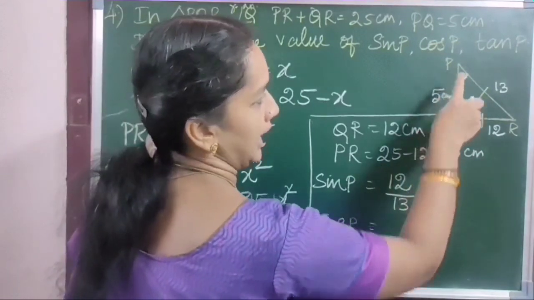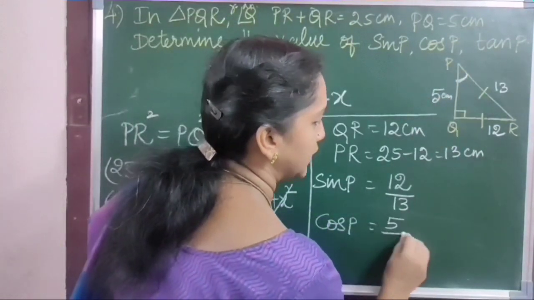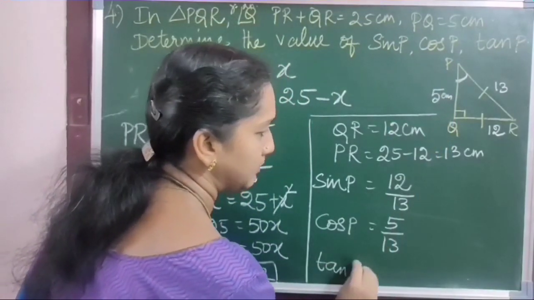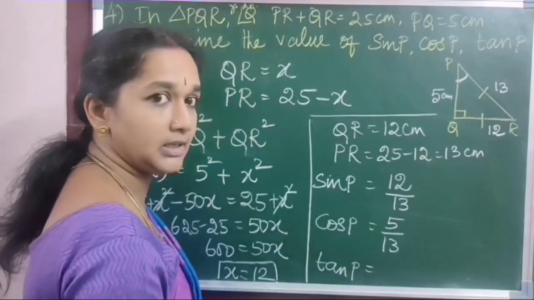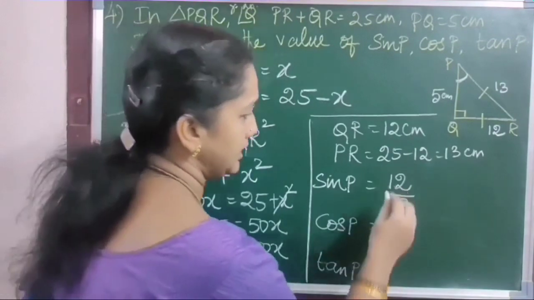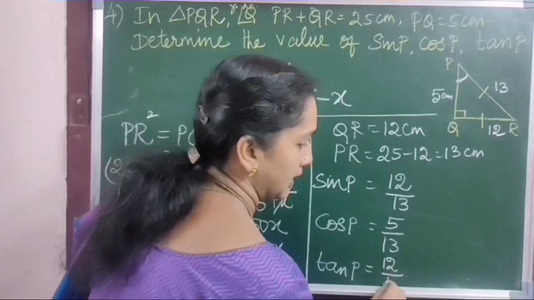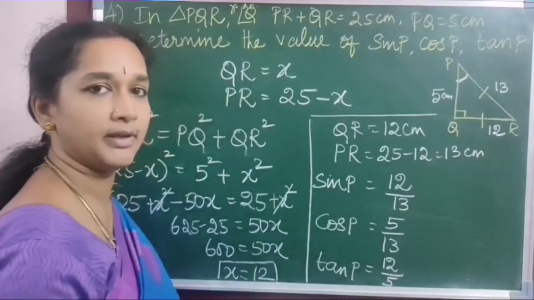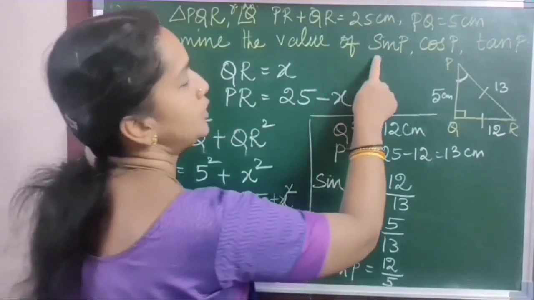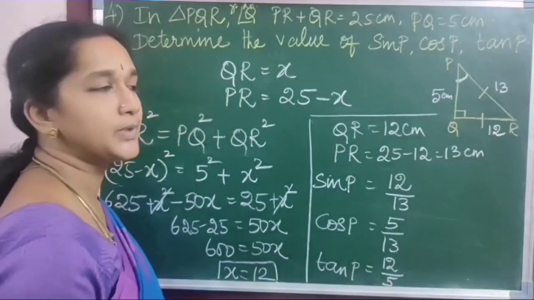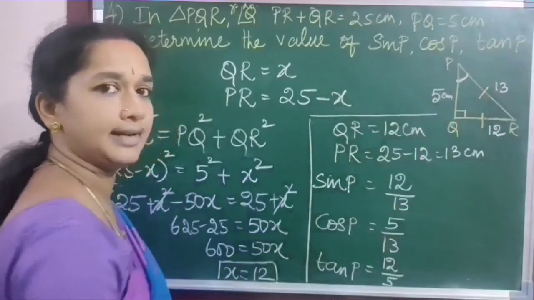Adjacent is 5, hypotenuse is 13. Then tan P is opposite by adjacent, 12 by 5. So this is how you have to simplify and find the values of sin P, cos P and tan P.